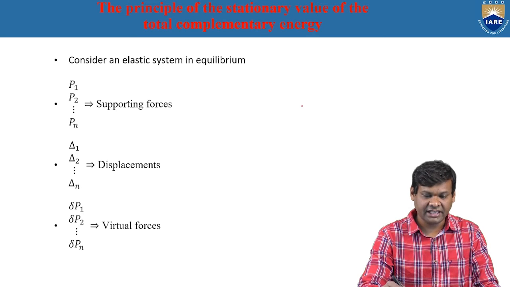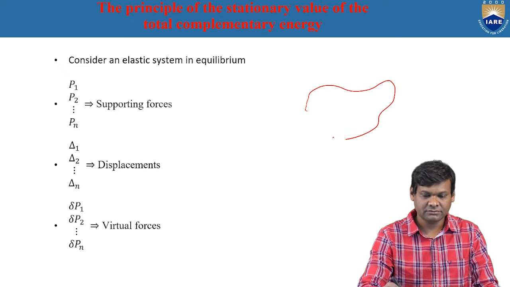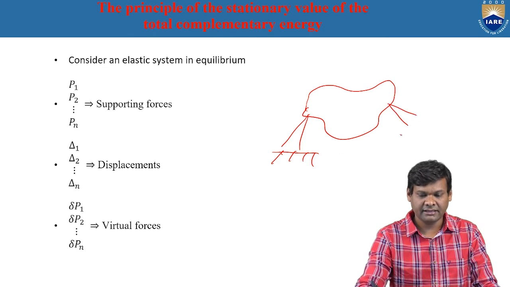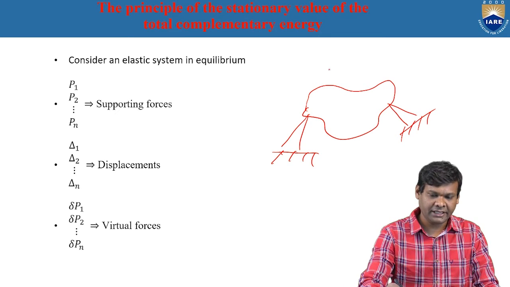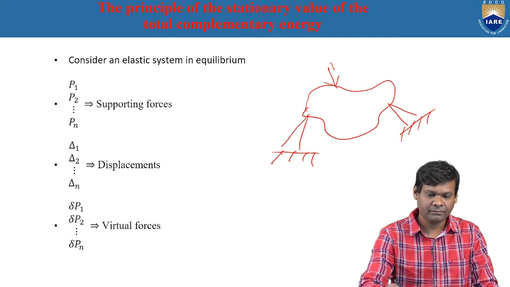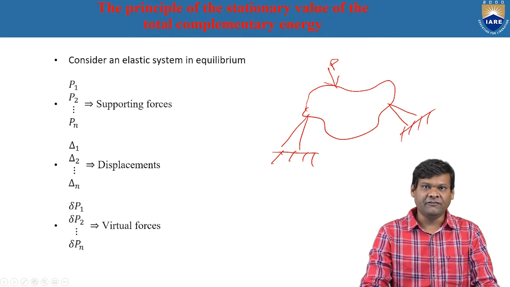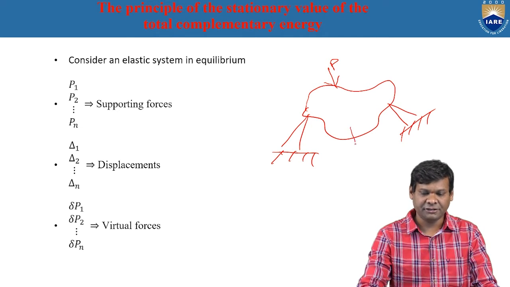Okay, let us take an arbitrary body, and it is hinged at one point and another point. Now, if we apply a load P, it produces a deflection of some magnitude.